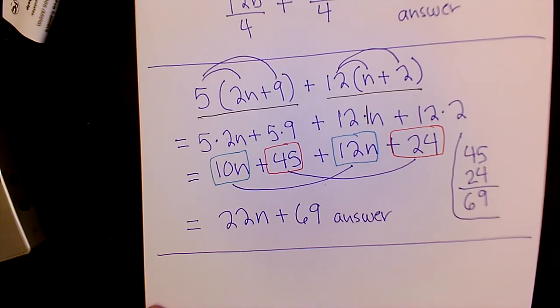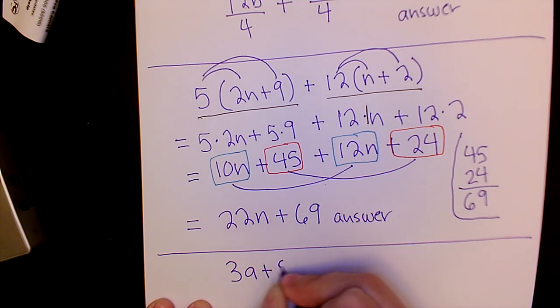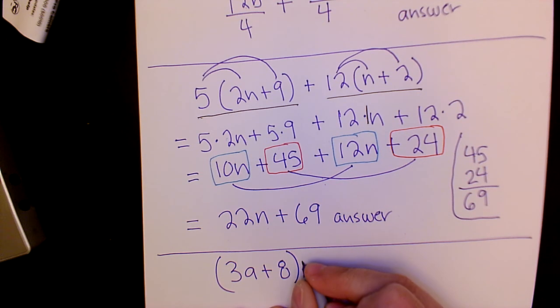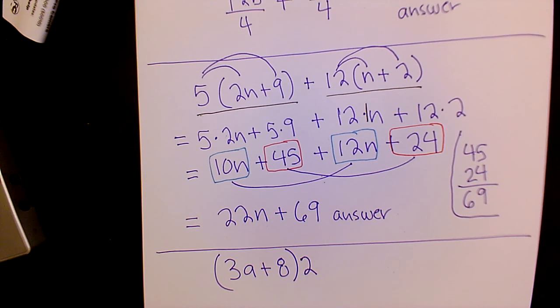Do one short one, because I know this is in the homework. What if I had, in parentheses, 3a plus 8, times 2.